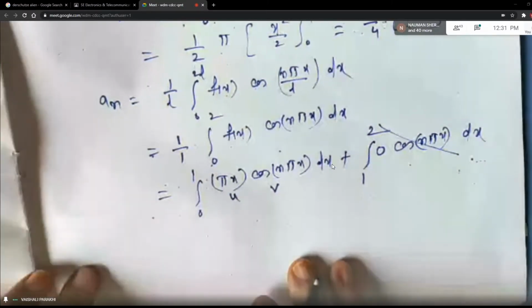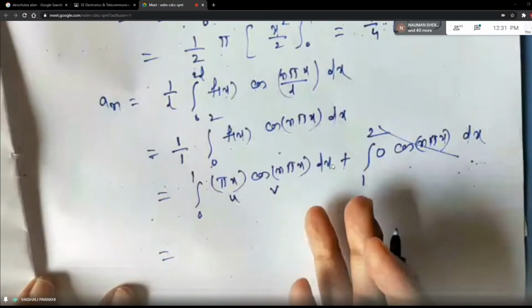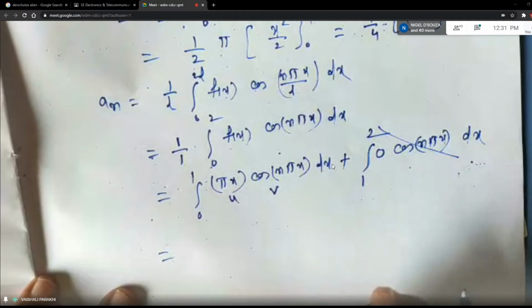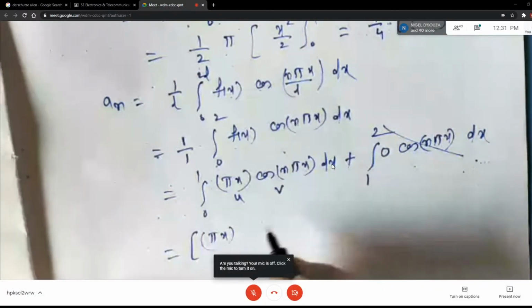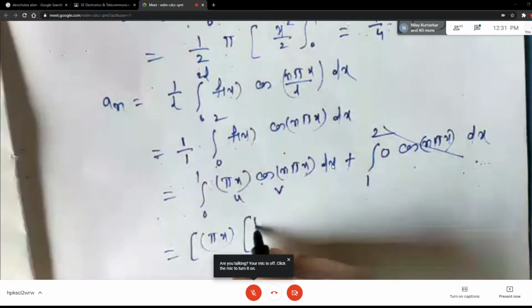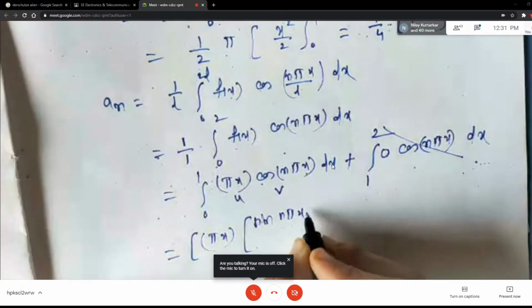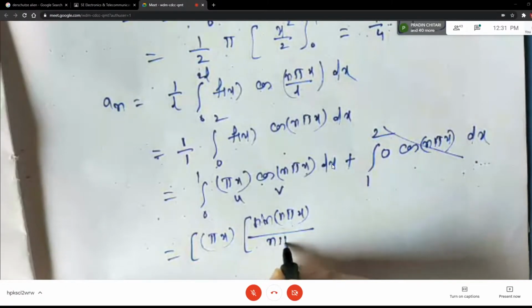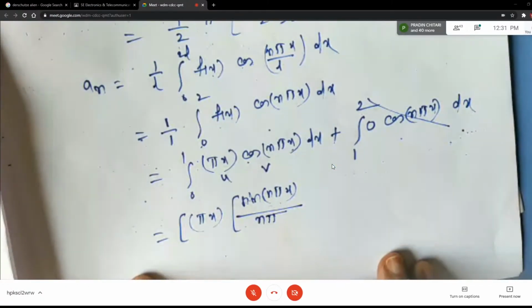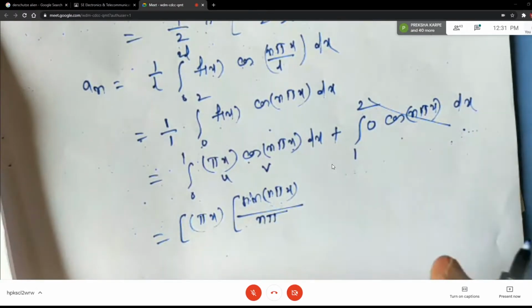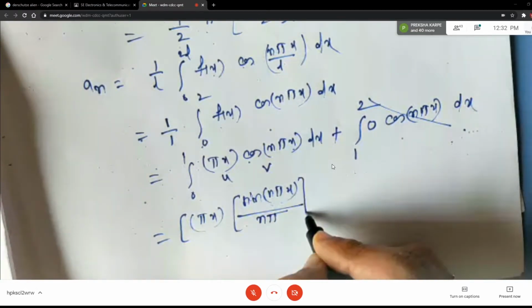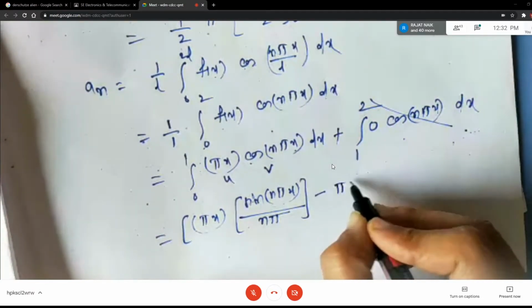So let us proceed. This is our Bernoulli's again, u into v formula. So what is Bernoulli's? First function, integral of cos is sine n pi x upon the constant. Here the constant is n pi, students. And see that this divided sign will be for the full sine, not only for the bracket. Minus derivative of pi into x is pi.